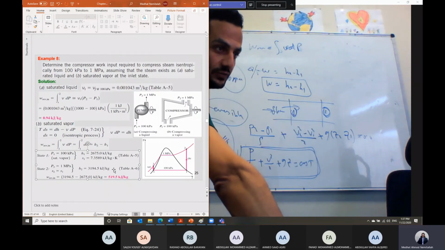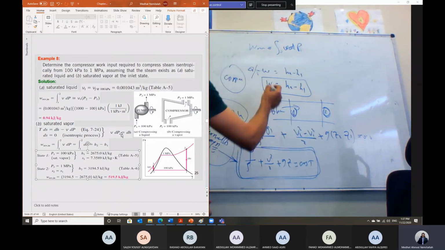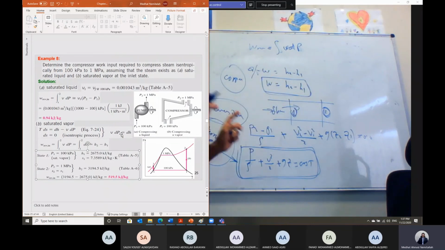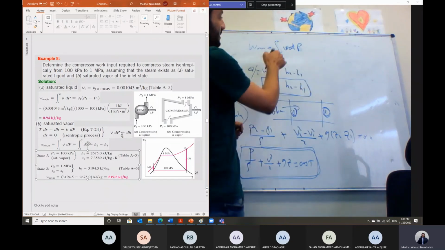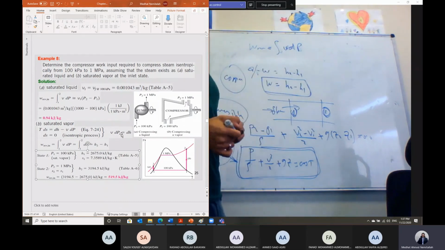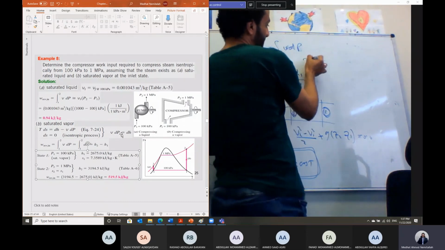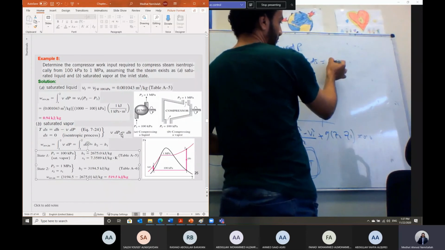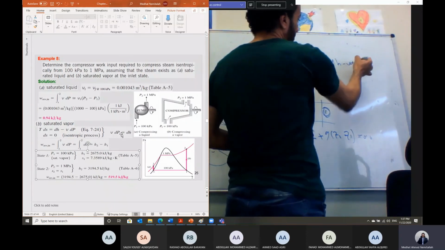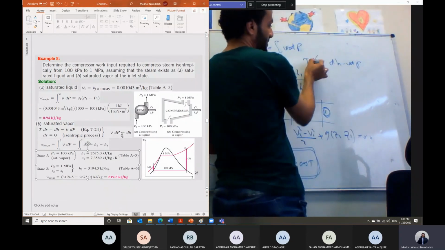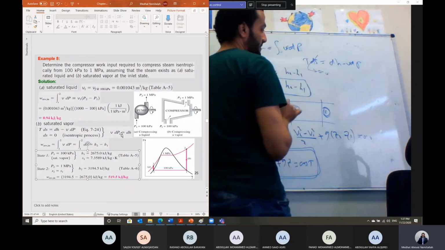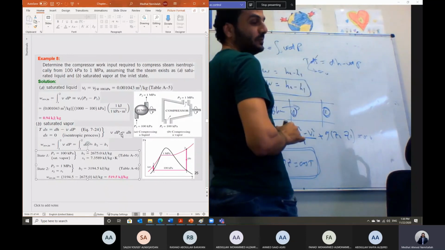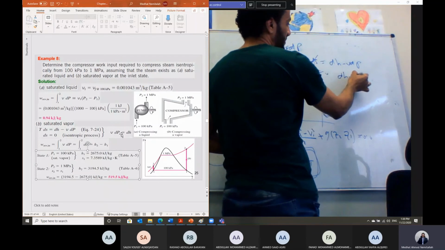So you can check these values. Then we can say the work will equal H2 minus H1. Another way, if it is isentropic, it is equal to the integration of VdP. But we said TdS is equal to dH minus VdP, and the process is isentropic, so delta S is 0. So this TdS term will be 0. So delta H will equal what, Shabab?